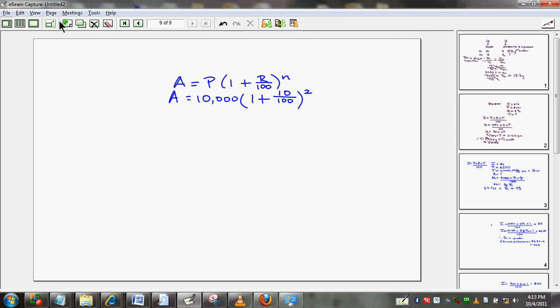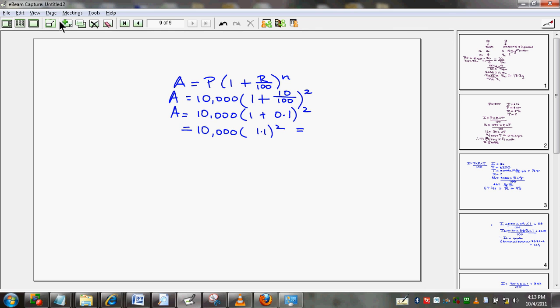So how would we work that out? Not a problem. First step, amount accruing will be 10,000. 1 plus 10 over 100 is 0.1. If you divide it, you'll get 0.1. So this will work out to be 10,000 into 1.1 to the power of 2, or 1.1 squared.